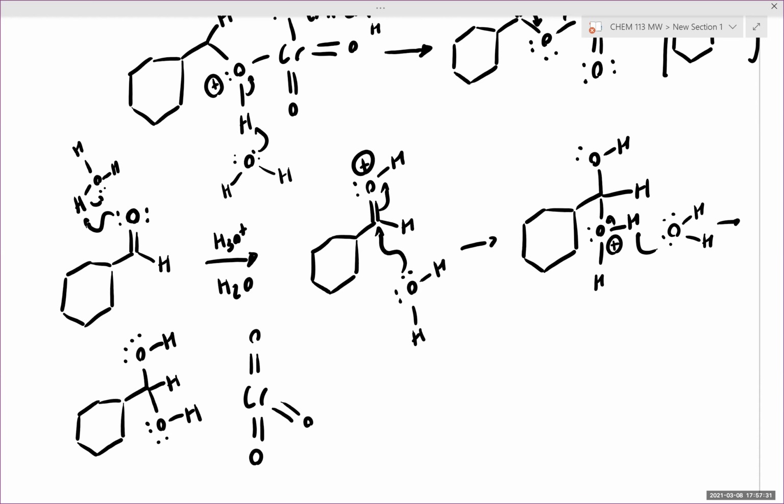So we have another alcohol functionality. We have chromium trioxide. So what's the next step? How do we oxidize our aldehyde up an additional time to the carboxylic acid?